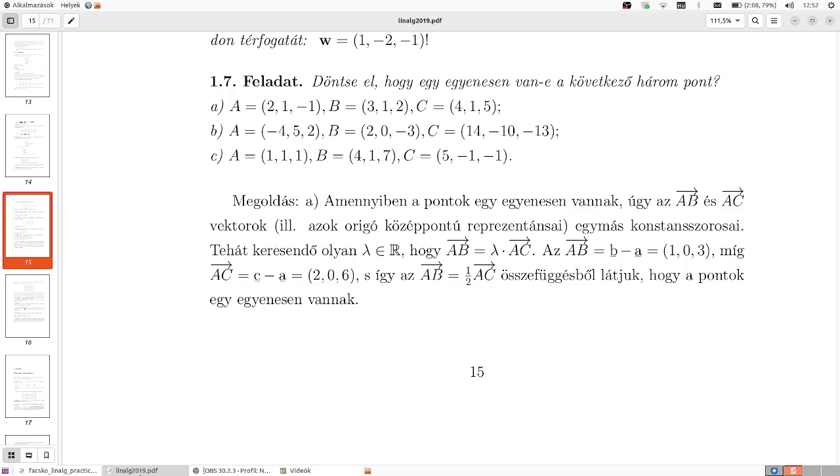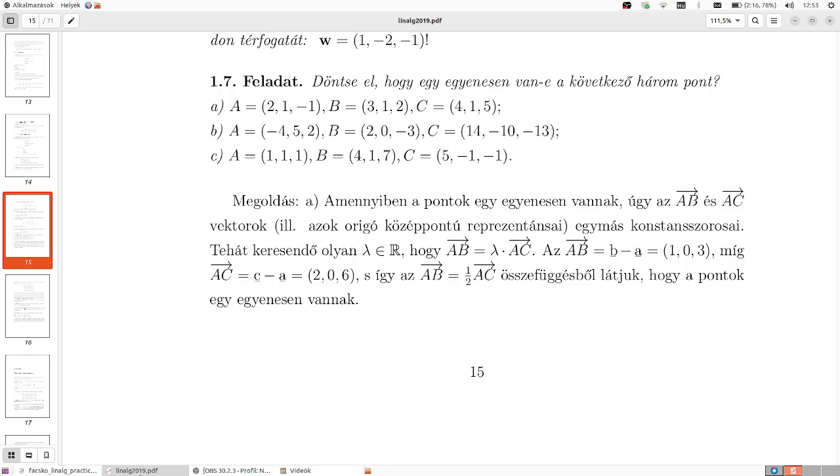Something is wrong. Which one? The top one. Yeah, it was not plus, it was minus. Yes, thank you. I see it's wrong, because you will see why very soon. So this is 2, 0, 6, and then it means 2 times 1, 0, 3.